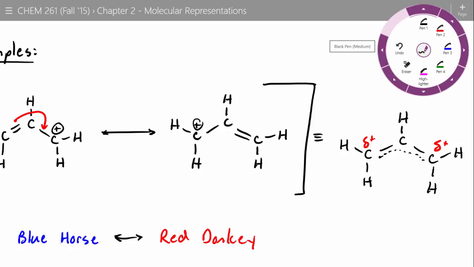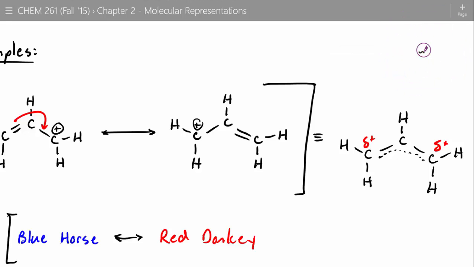And we bracket these together to show that it's not that what we have is a red horse or a blue donkey. What do we really have? A purple mule, right? So we represent the two individual forms, but the reality is that it's a hybrid of both of them.